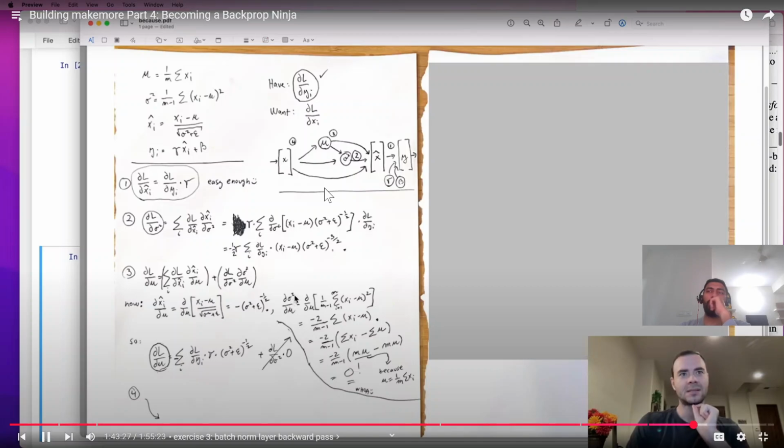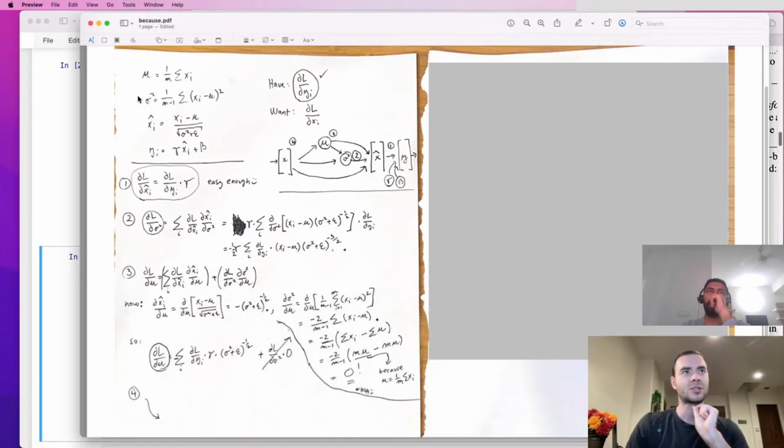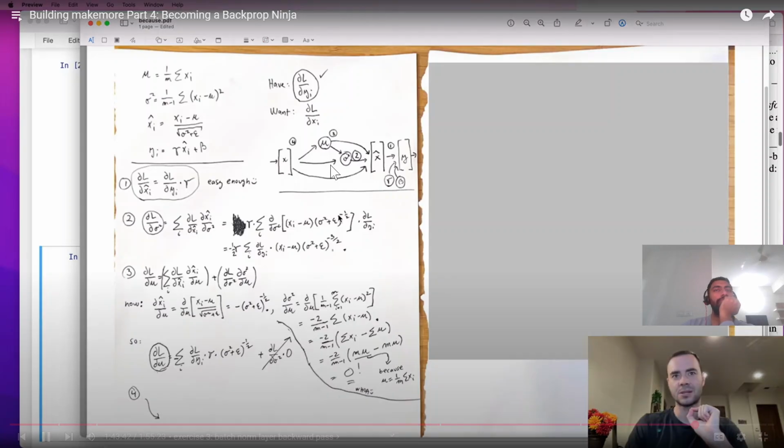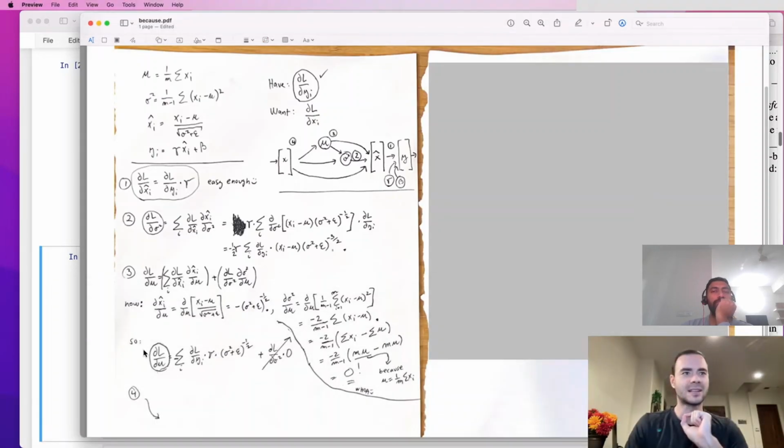If you just have a mathematical expression like this and you look at d sigma squared by d mu, you would get some mathematical formula for how mu impacts sigma square. But if it is the special case that mu is actually equal to the average, as it is in the case of batch normalization, that gradient will actually vanish and become 0. So the whole term cancels, and we just get a fairly straightforward expression here for dl by d mu.